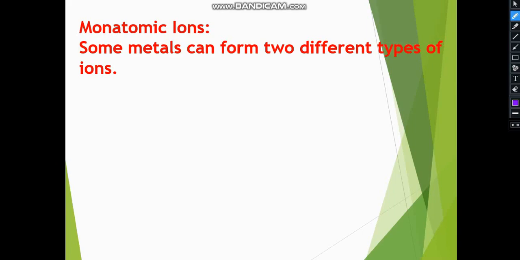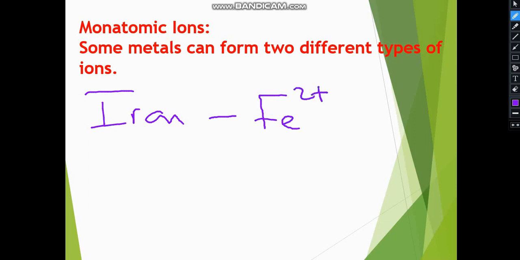Other monoatomic ions, we can look at where the same metal forms 2 or 3 different ions. So how do we name such compounds? We have an example of iron. Iron can form iron 2 or iron 3.